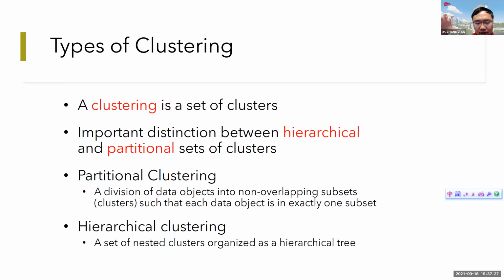You repeat that until you include all the data objects in the data set as one cluster. Then you have a nested cluster structure, and this nested cluster structure forms a hierarchy. So you understand the relationship among different data points.